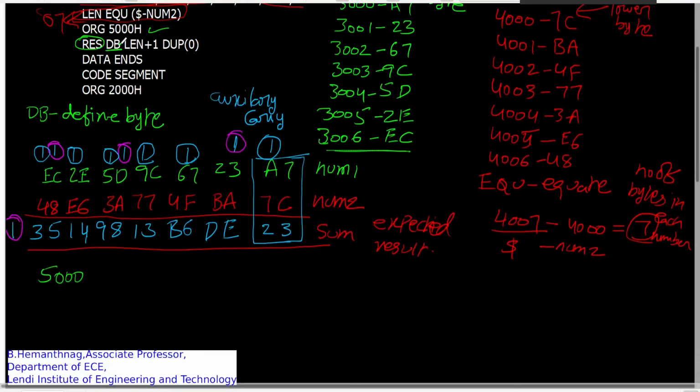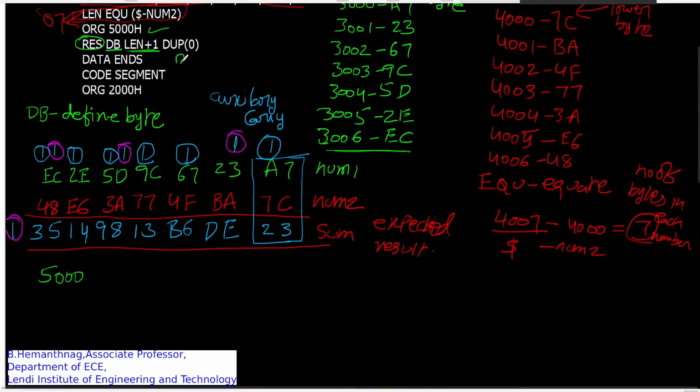The elements we are going to take are going to be defined as bytes, but instead of giving the element values, I am going to specify the number of elements and the default value they should hold before we proceed with the program, finally obtaining the actual result. So len plus 1 is the number of bytes I am going to consider from the given offset, and each of these bytes is going to have the default value of 0, which is given in DUP 0.